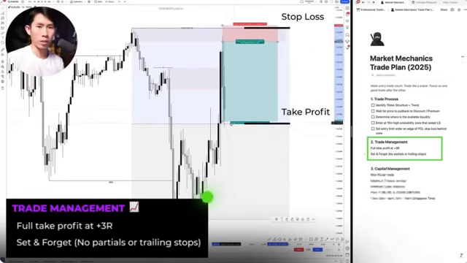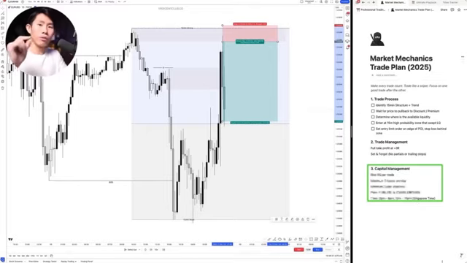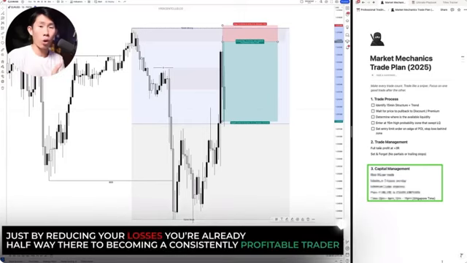We trust our analysis. And if you look at this trade plan right here, the last thing that we have is our capital management rules. It's imperative that we have some form of rules to actually protect our downside, to protect our capital, right? So that we can actually reduce our losses. Just by reducing your losses, you are already halfway there to becoming a consistently profitable trader.